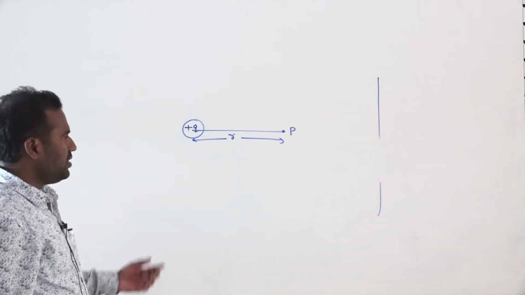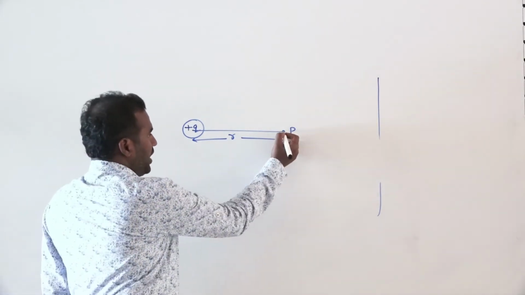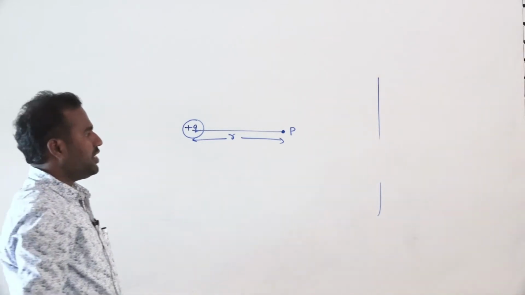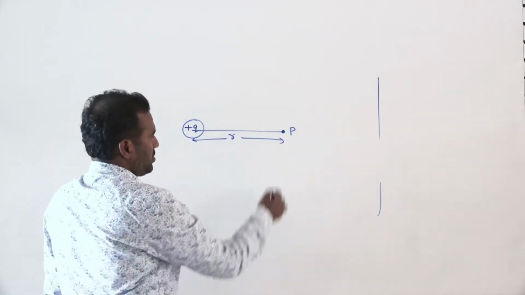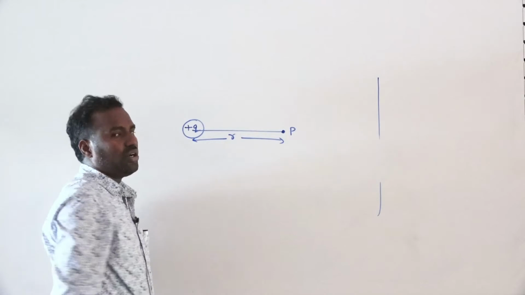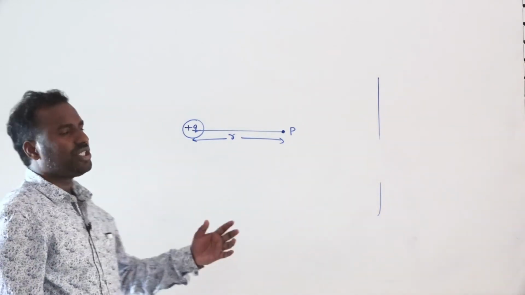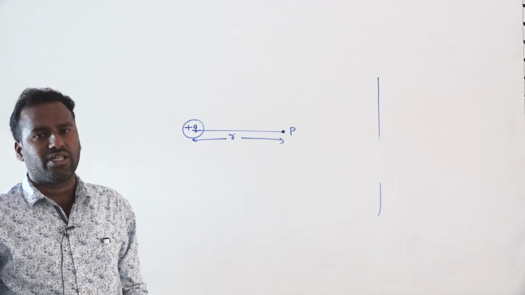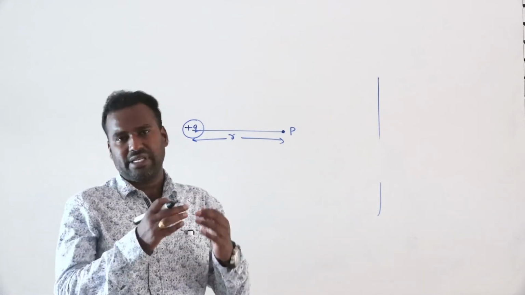As I said just now, where you are finding the electric field or the electric flux, there we should construct a Gaussian surface. That Gaussian surface should be enclosed, and to find the electric field it should be the simplest method.